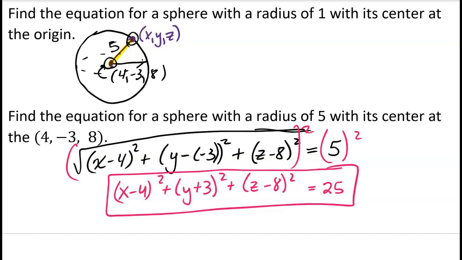Now, I'm going to point out that this is the shell of the sphere. It's not the inside of the sphere, it's not the ball. It's the outer edge. If I wanted to make it the inside, I would have changed it to an inequality, so this would be the volume inside of the ball. But since ours is just the outside edge, we're going to leave it as equal.